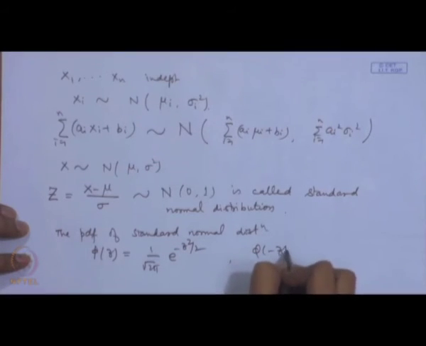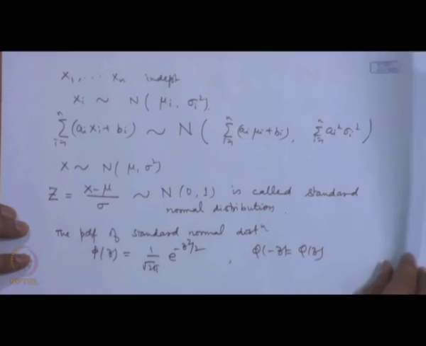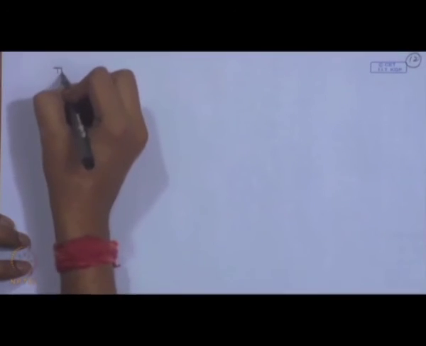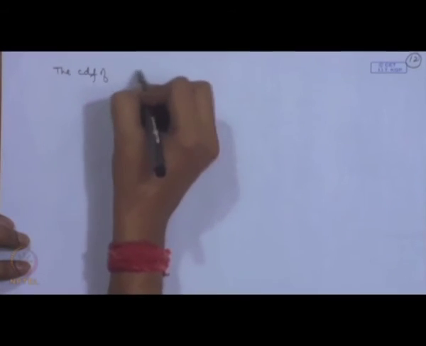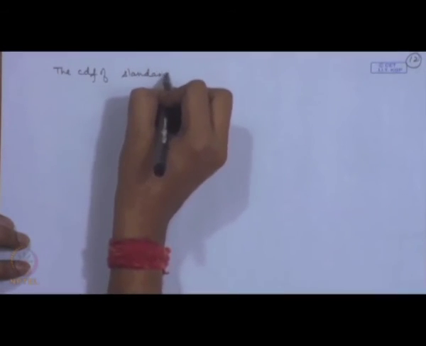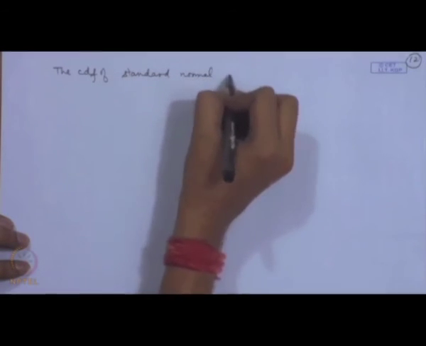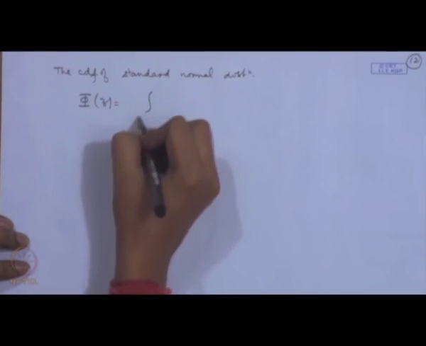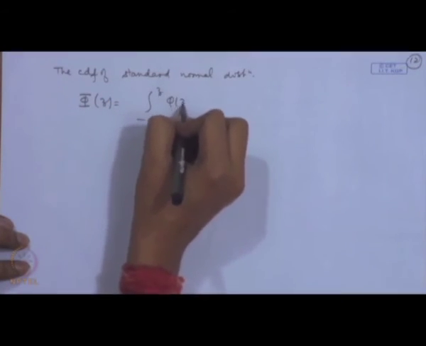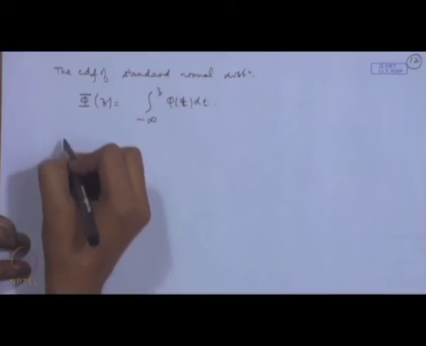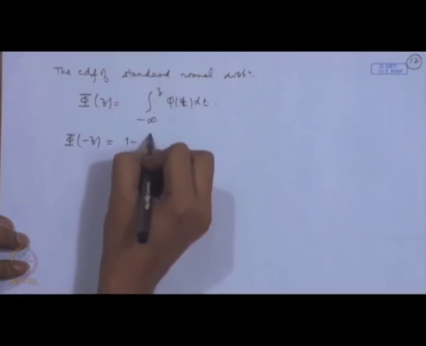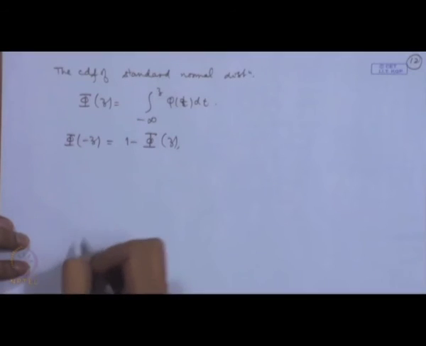Naturally, you have phi of minus z equal to phi of z, and the cumulative distribution function of the standard normal distribution is denoted by capital phi of z, that is equal to the integral from minus infinity to z of small phi t dt, and you have phi of minus z equal to 1 minus phi of z for all z.